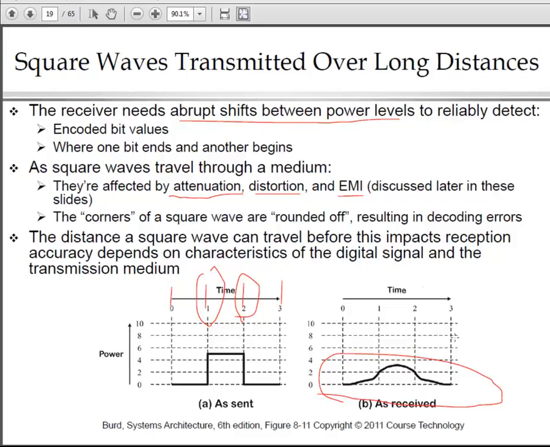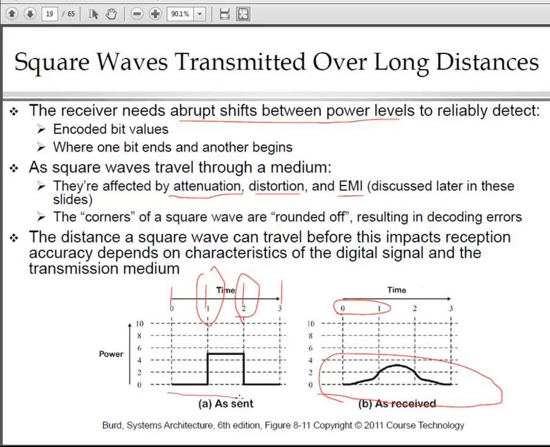Whereas a device that was expecting 0s or 5s held for whatever this duration of time is would work very well with the signal on the left, it's going to definitely have problems with the signal on the right. Is this first thing going to be interpreted as a 0 or a 1? Is the second one going to be interpreted as a 0 or 1? So what's going to happen is the error rate's going to go up.